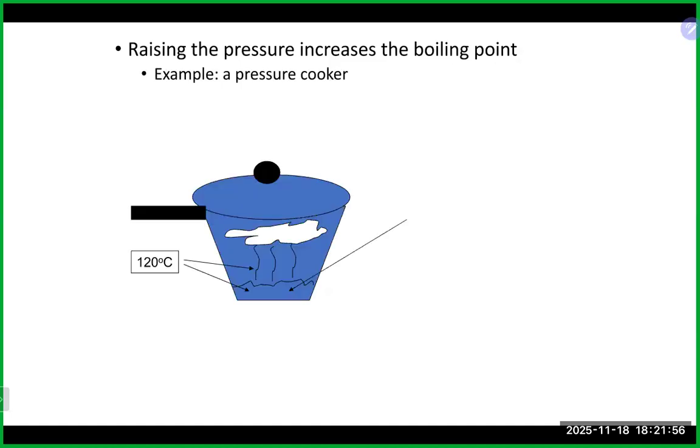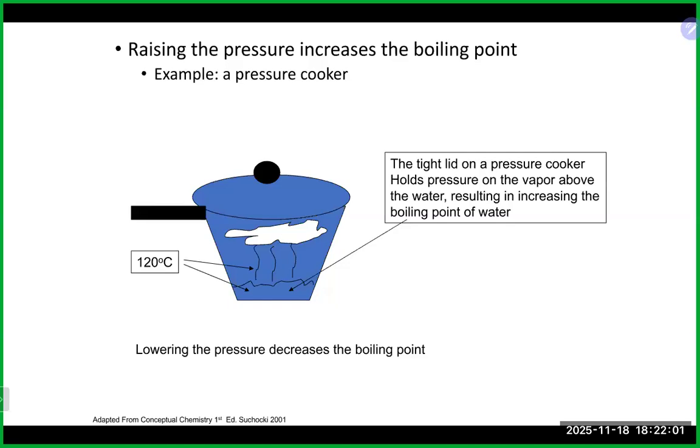Now, raising the pressure increases the boiling point. So that is something like a pressure cooker. You put the lid on with a lot of pressure. And with that tight lid, the pressure cooker holds the pressure on the vapor above the water, and it results in an increase in the boiling point of water.